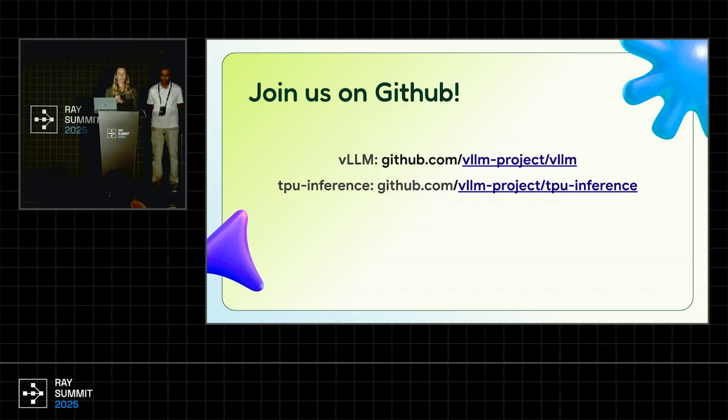So if you're affiliated with research in any way, I would definitely check out the TPU research credits that we issue. Otherwise, Google Colab also supports TPUs. With the launch that we made a week and a half ago, you can now run vLLM on almost any TPU generation that is now functional, which is great. So give it a try. You can try it in Google Colab as well.